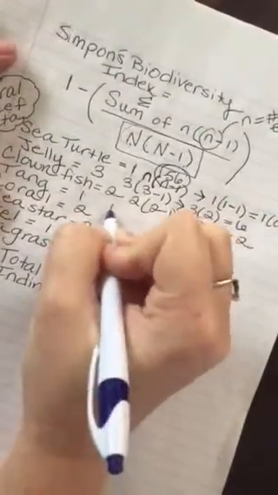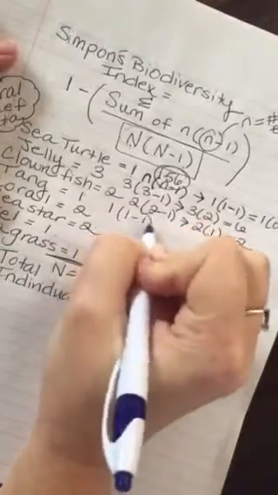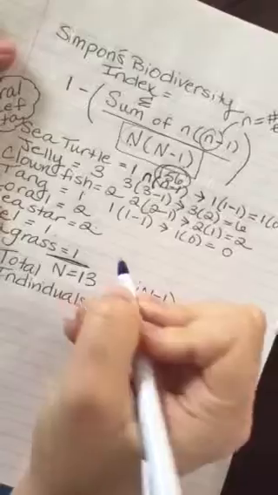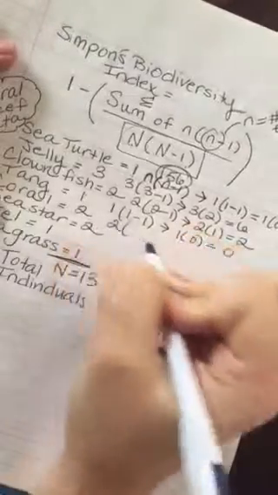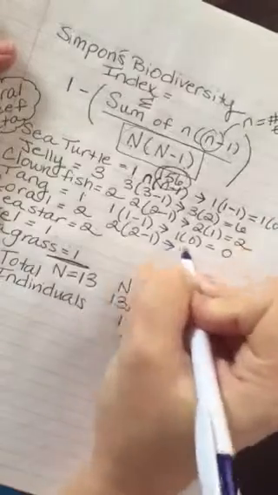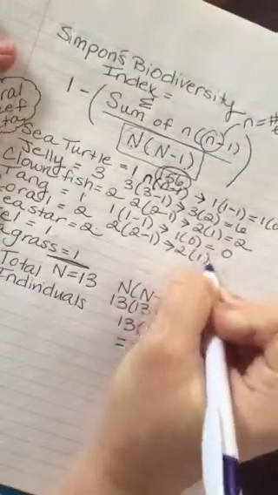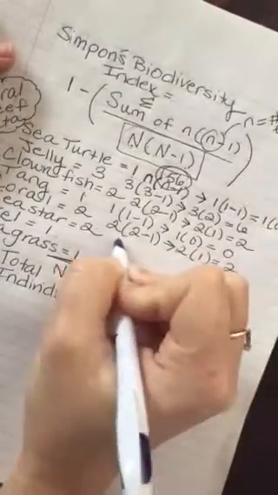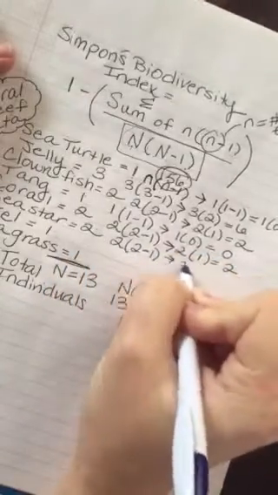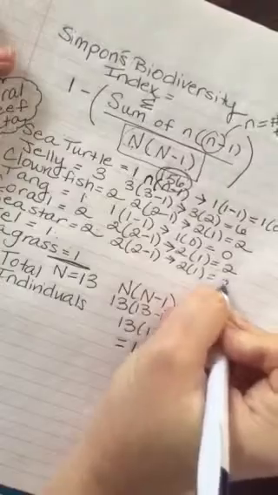Our tang, 1 times 0, 0. Our coral, 2 minus 1, 2 times 1, which is 2. Our sea star, 2 minus 1, 2 times 1, 2.